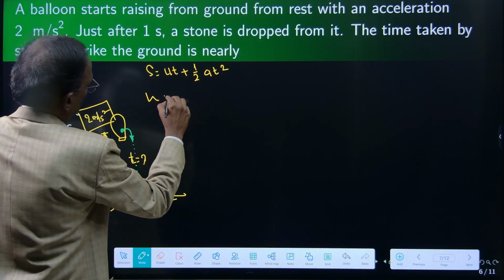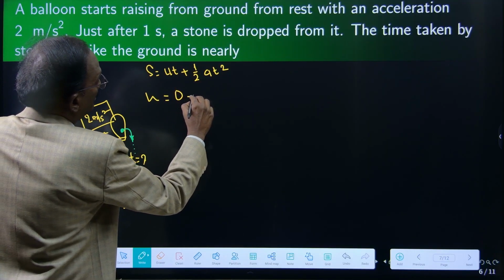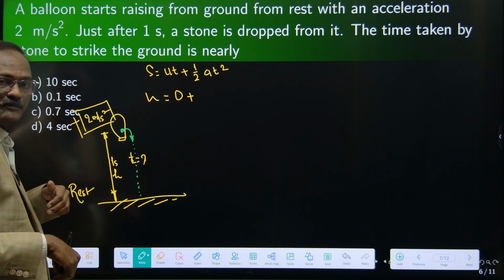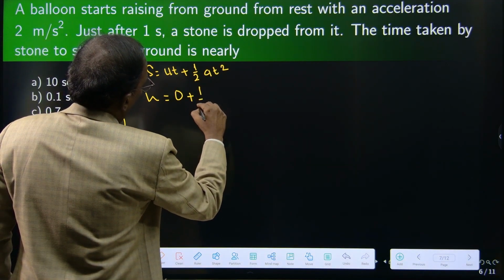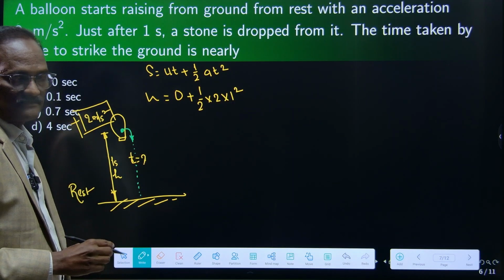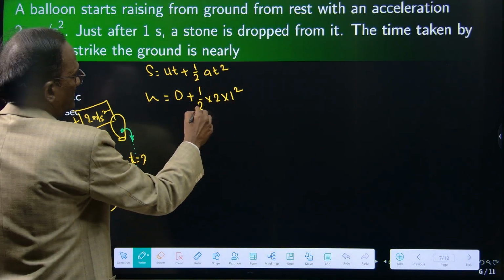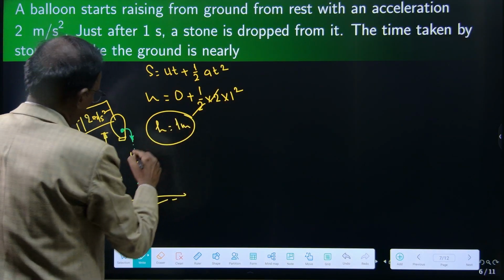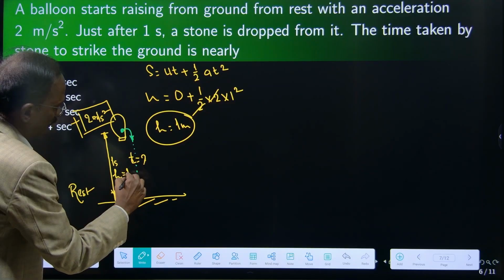Be careful. h is equal to 0 plus half into 2 meters per second squared into 1 squared. So height is equal to 1 meter.